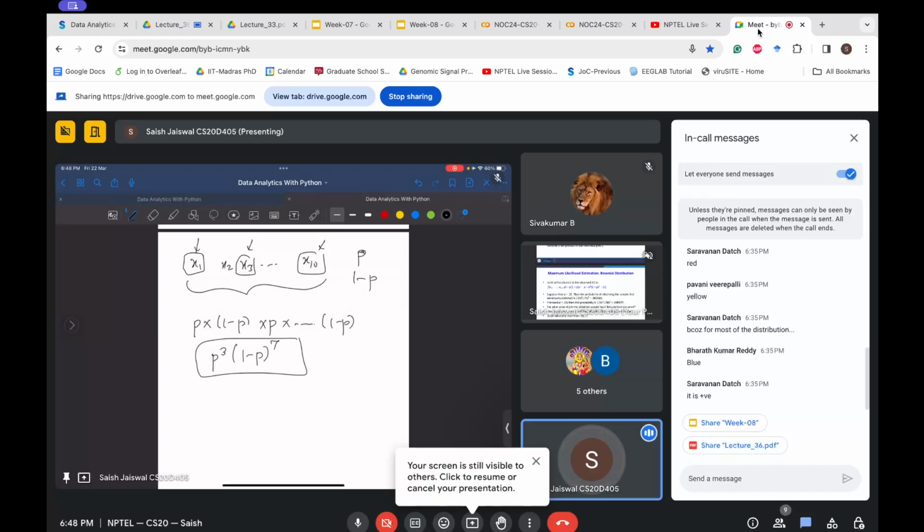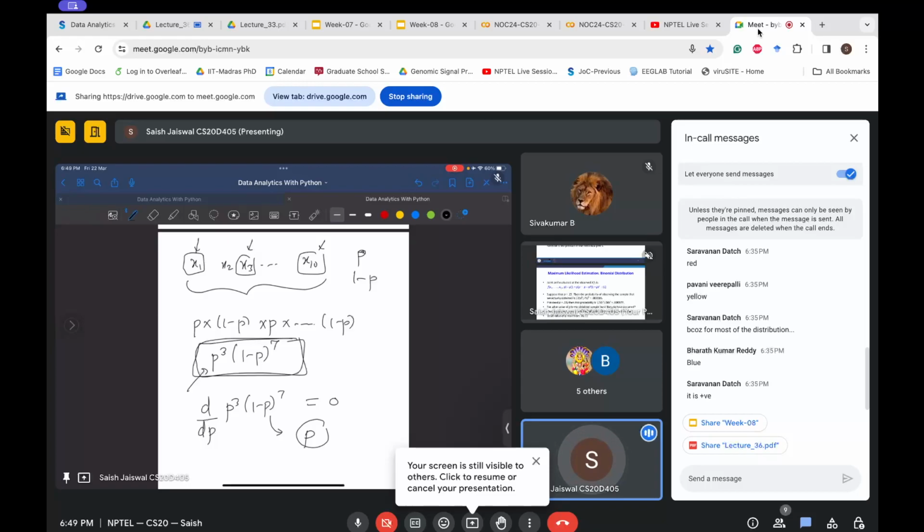So you want to find the value of p which maximizes this entire product. The simple way is to differentiate this with respect to p and equate it to 0. You will get a particular value of p over here.